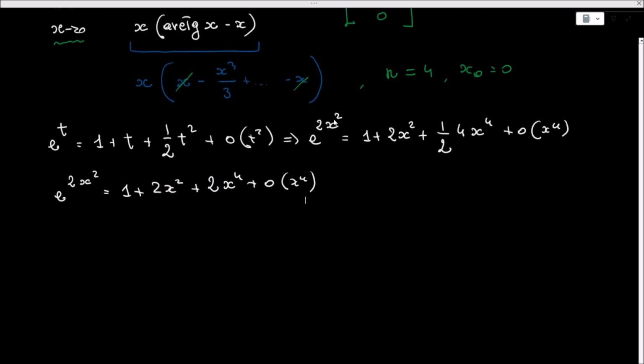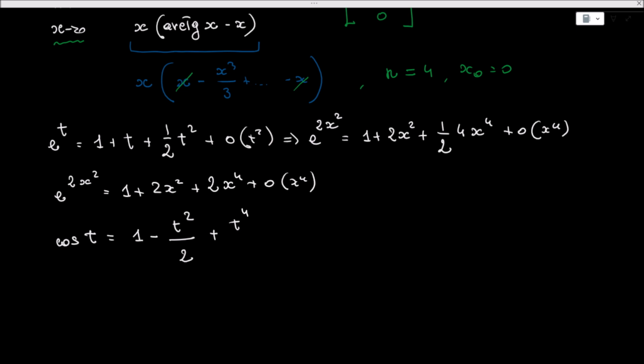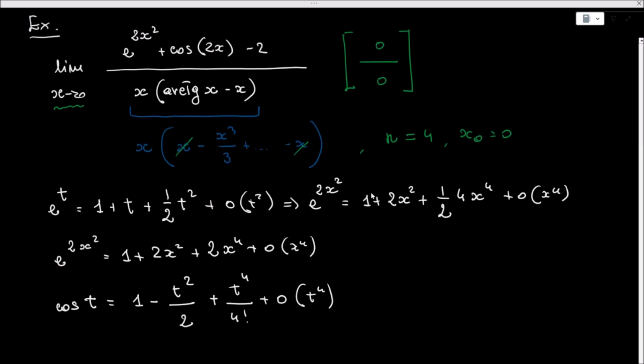And now let's go to the cosine. Well, the cosine of t, we know that this is given by 1 minus t squared divided by 2, plus t to the 4 divided by 4 factorial, plus little o of t to the 4. Why did we stop at t to the 4? Because now we need to replace t with 2x.